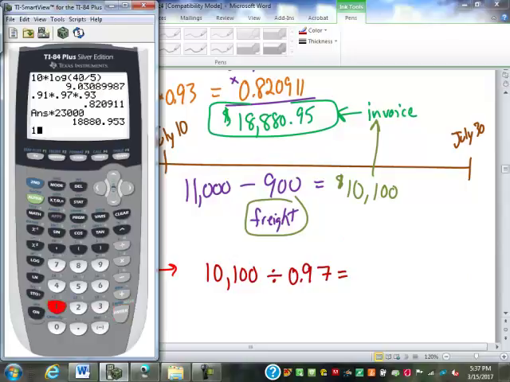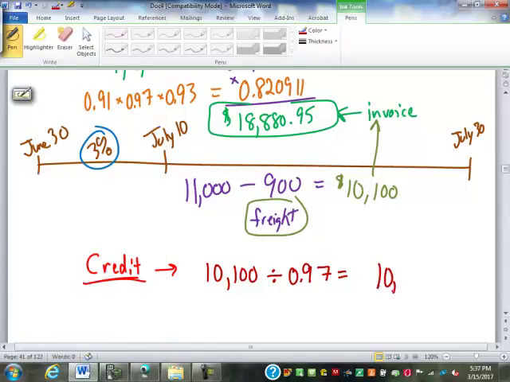So 10,100 divided by 0.97 is $10,412.37. That is the amount of credit.